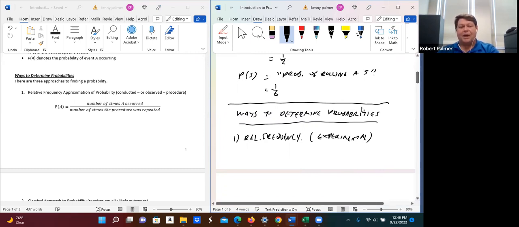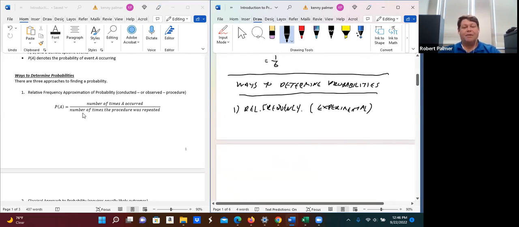All right, let's read this. The relative frequency approximation of probability: for a conducted or observed procedure, the probability is a fraction. The number of times it occurred over the number of times the procedure was repeated. We can think of the number of times the procedure was repeated as our sample space. So basically, it's the number of times the outcome we're looking for occurred, over the number of times we did it.